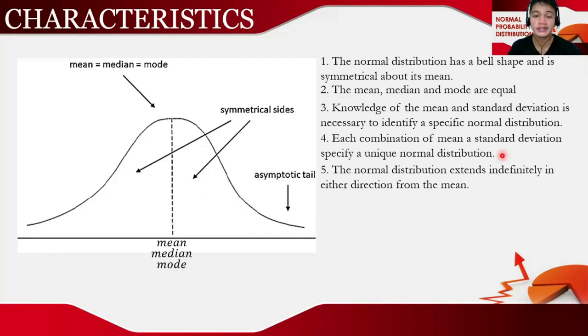Characteristics 3, 4, and 5 will be elaborated more on why the mean and standard deviation greatly affect the form and uniqueness of a normal curve. I will show it to you through video.